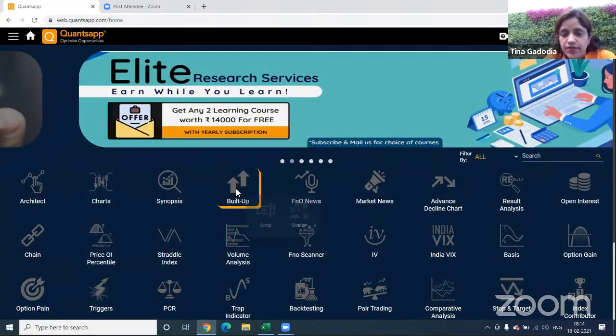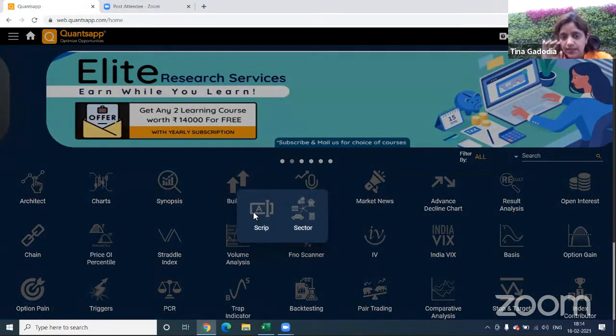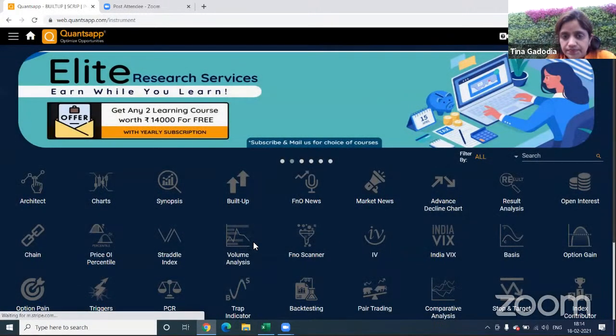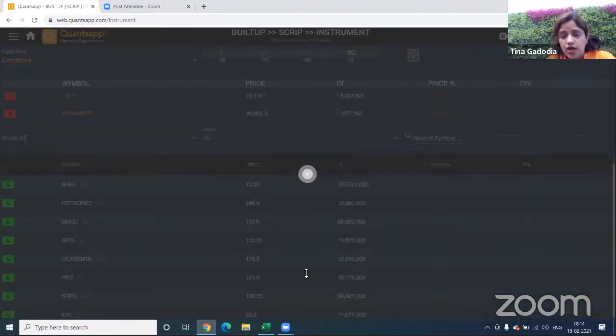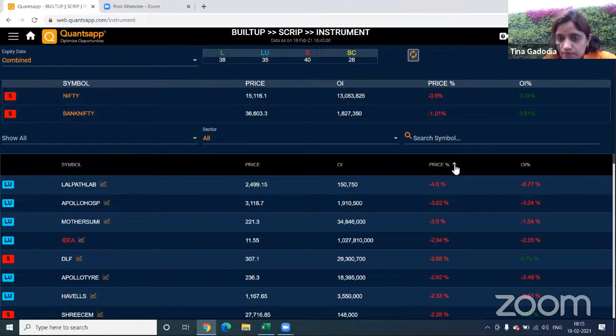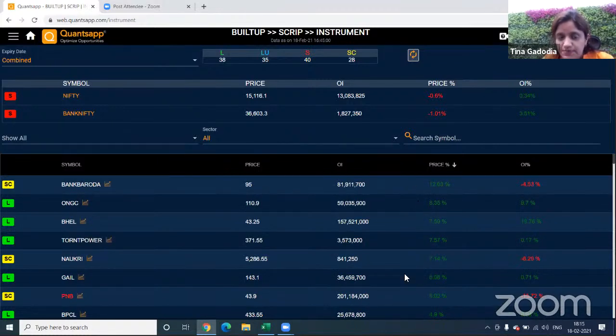Now, when you go to build up the script, you see here the symbol. Okay, so now you see here all the stocks. Somehow you see everything, the Nifty, the Bank Nifty, everything at one go. You see how the price has been going, how the OI has been moving. So OMCs were there.